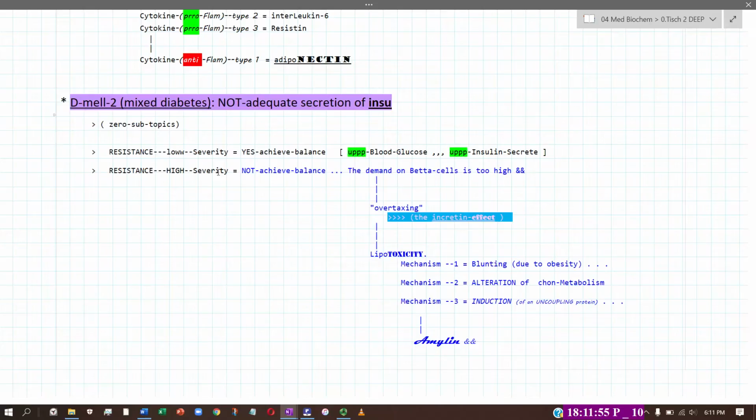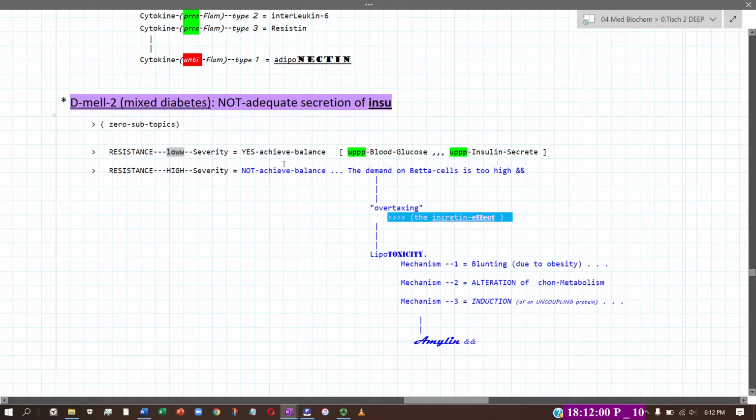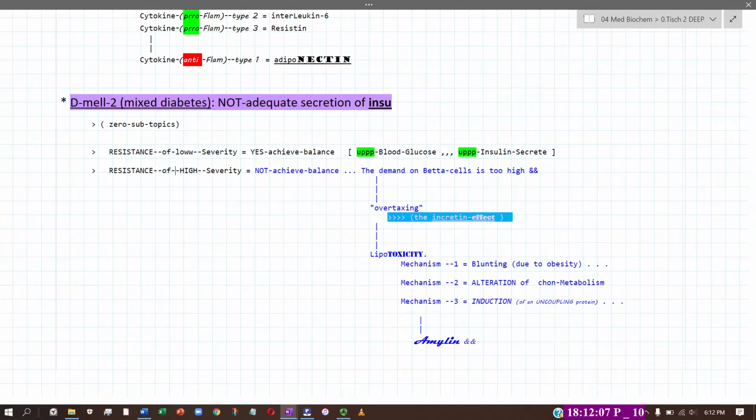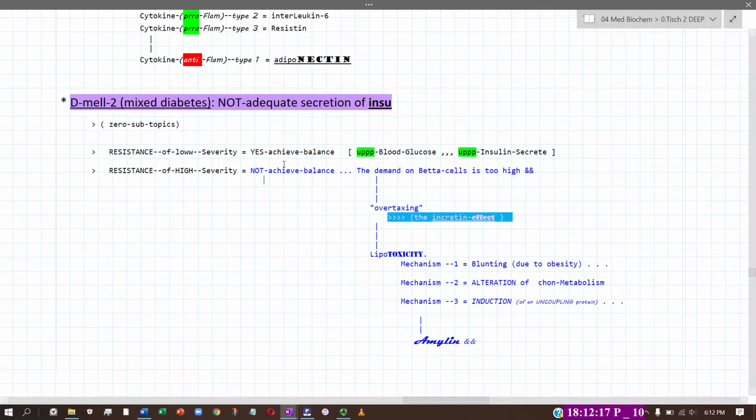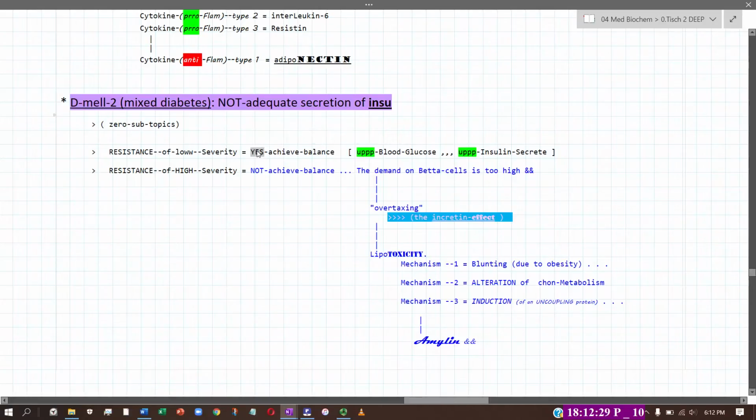It differentiated two circumstances: resistance of low severity and resistance of high severity. Whenever the severity is low, I guess that means these are the early stages of diabetes mellitus. When resistance is low, yes, you are able to achieve balance.